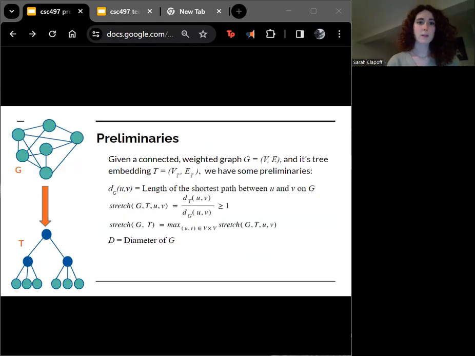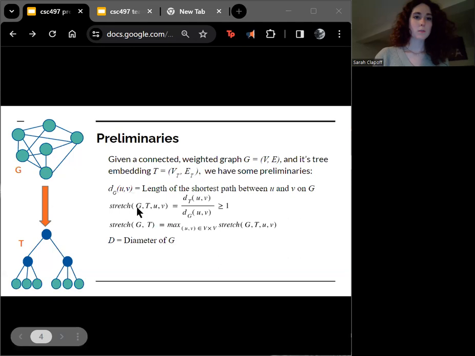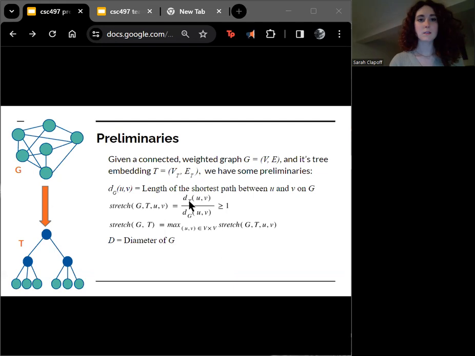So just a couple of preliminaries. We're going to be looking at a connected weighted graph G with V and E, and its tree embedding T, which has VT and ET. DG of U and V is just the length of the shortest path between U and V on G. So it's just the distance between U and V. The stretch between G and T of U and V is the distance on T divided by the distance on G, and it's always greater than 1.